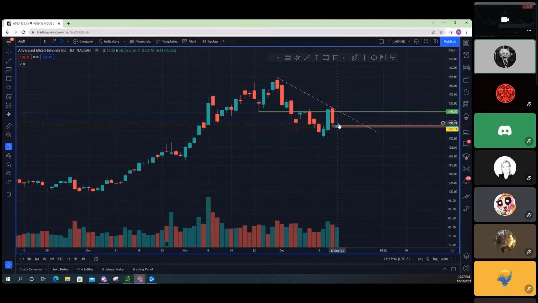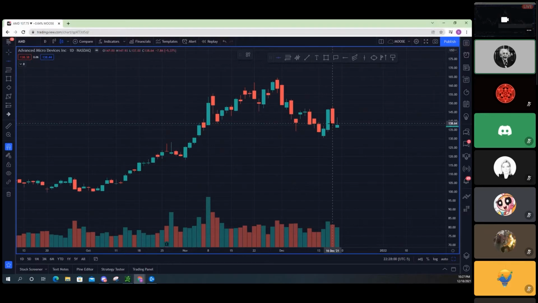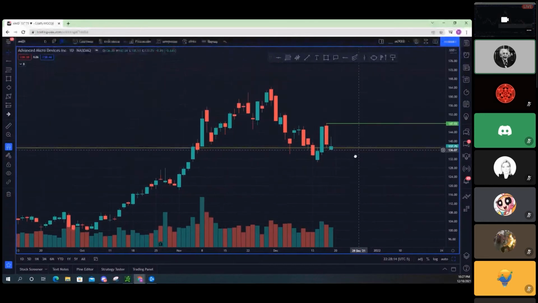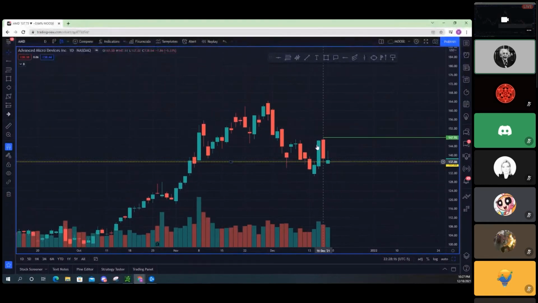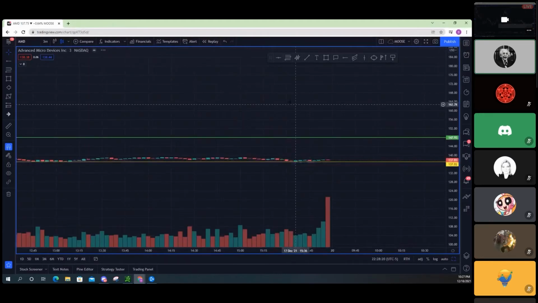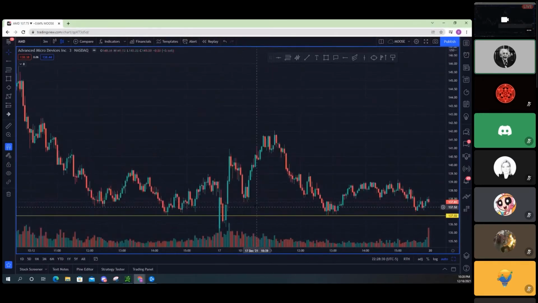So you're looking at AMD. This was the day candle on Friday. I personally want to know the previous day low, and I want to know the previous day high. Obviously, the previous day high is really far out because we had the crazy day the day before. And here's, right, so if I go now on my, let's say, 3 minutes, which is typically what I use. Yep, so here's the 3 minutes.